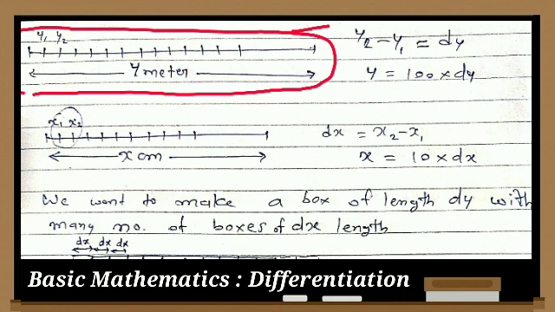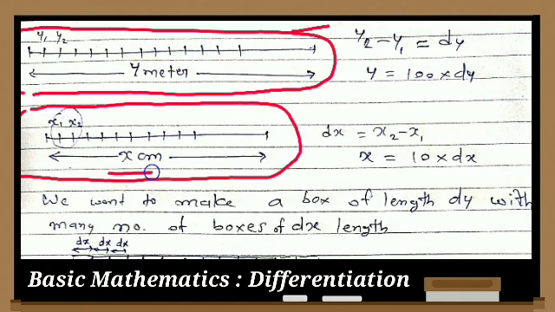There is a second scale whose length is x centimeter. The first scale has length y meter, and the second scale's length is x centimeter.